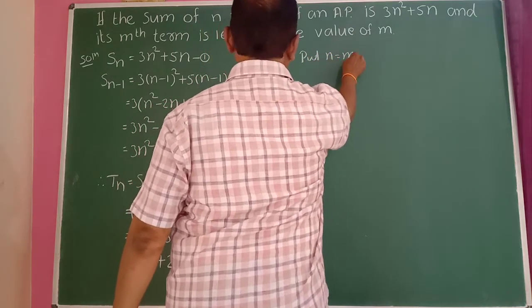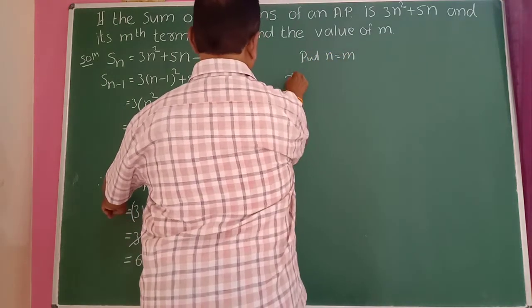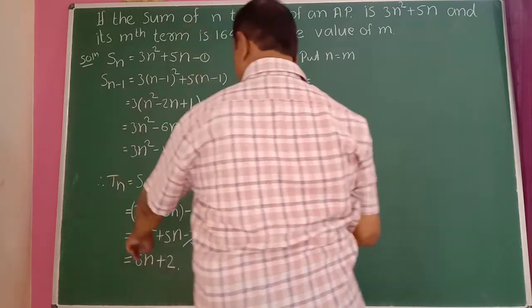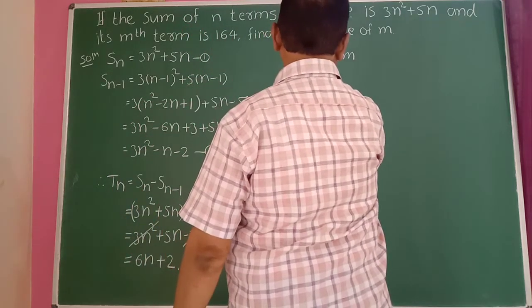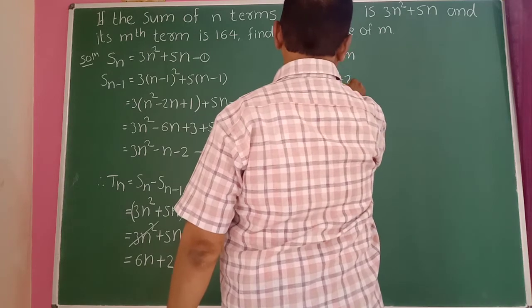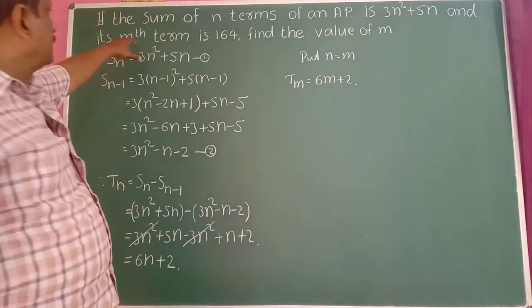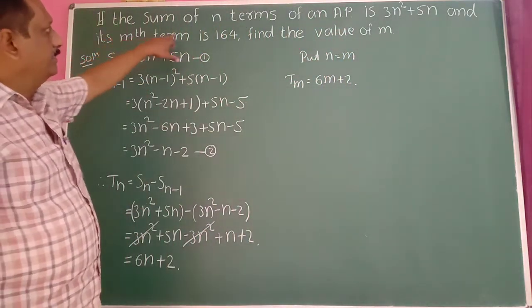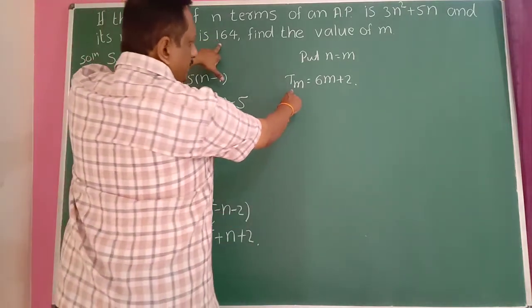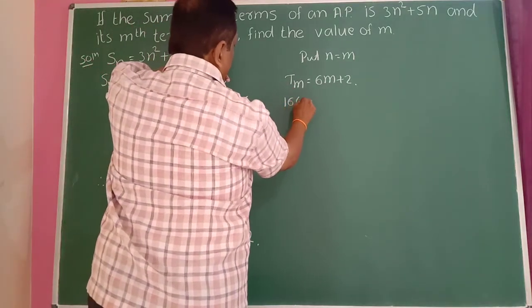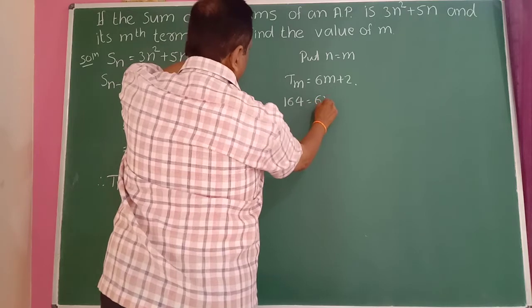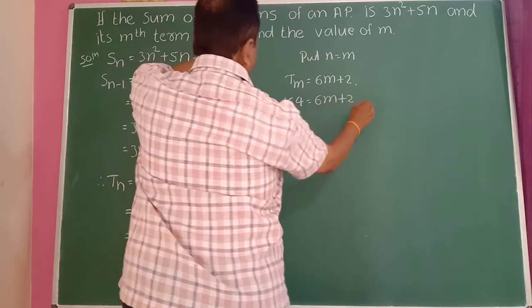Hence Tm is equal to 6m plus 2, because they have given the mth term, 164.